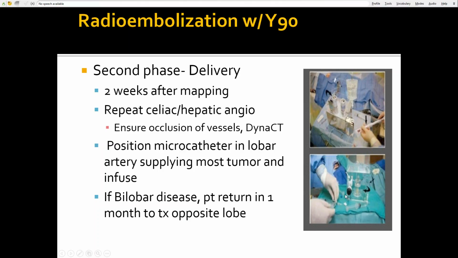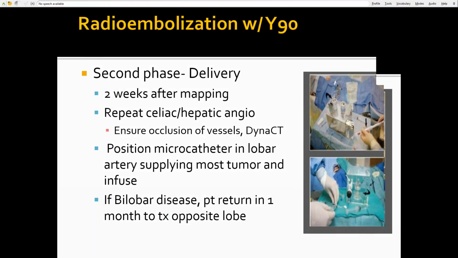You can treat the patient, and then you can even use a Geiger counter over the patient to make sure that you got the treatment into the area of the liver that you wanted to. Sometimes you can even do a SPECT CT afterwards, which will show you where the deposition of all those radioparticles are, which is kind of a cool thing to do.